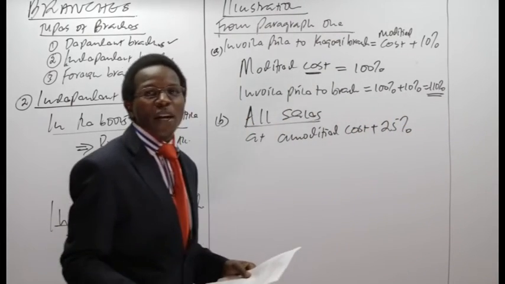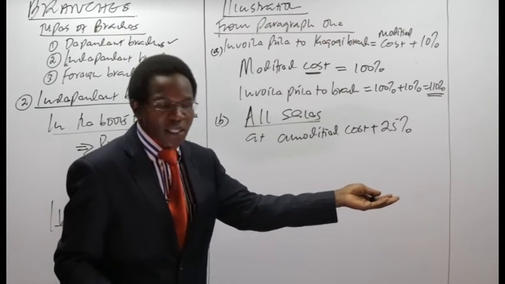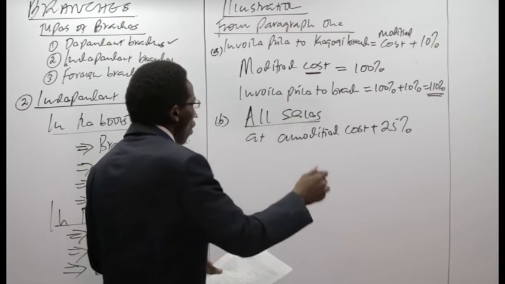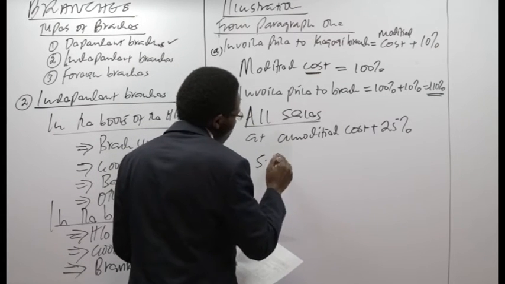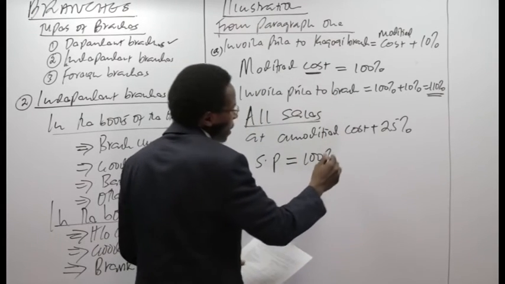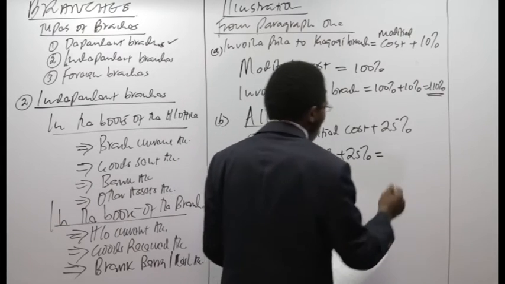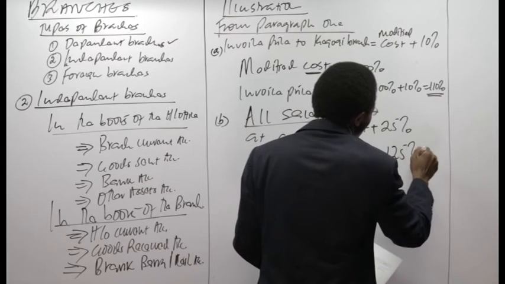They have also given us a markup, that the markup is 25% on sales. This means that our modified cost is 100% plus the 25%. That makes it to be 125%.